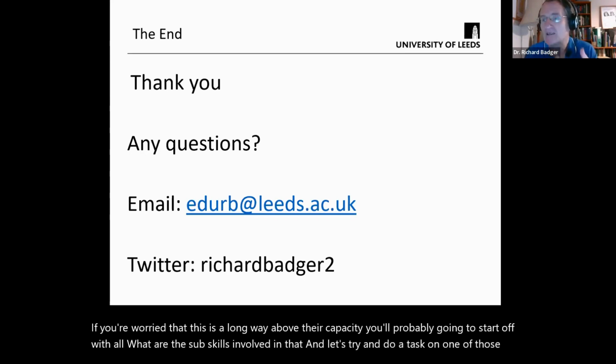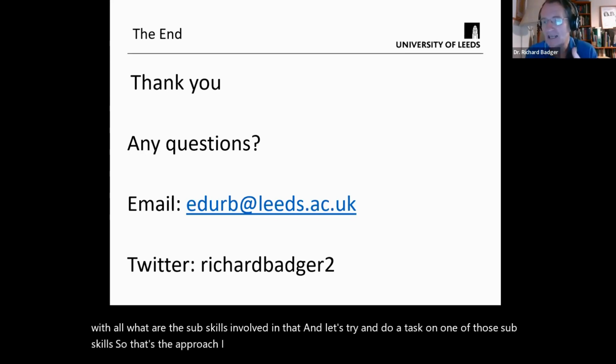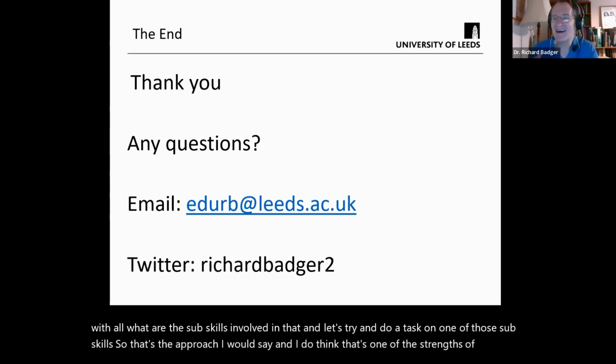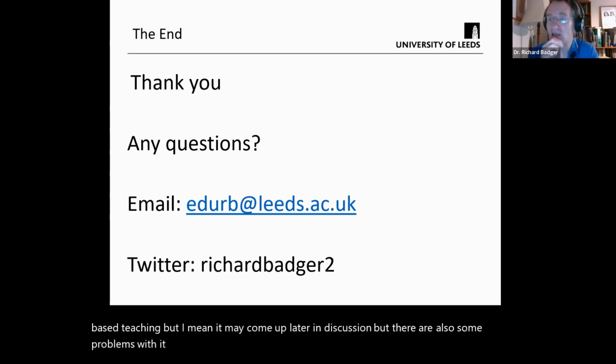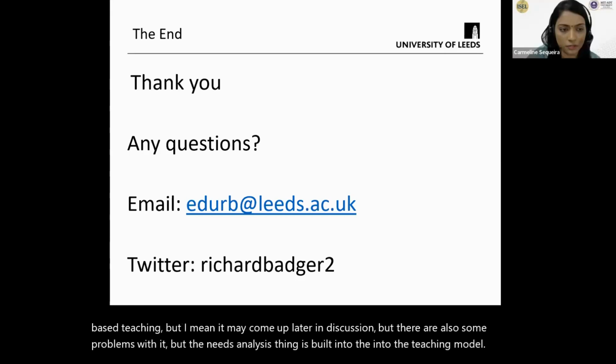That's the approach I would take, and I do think it's one of the strengths of task-based teaching. It may come up later in discussion that there are also some problems with it, but the needs analysis is built into the teaching model.